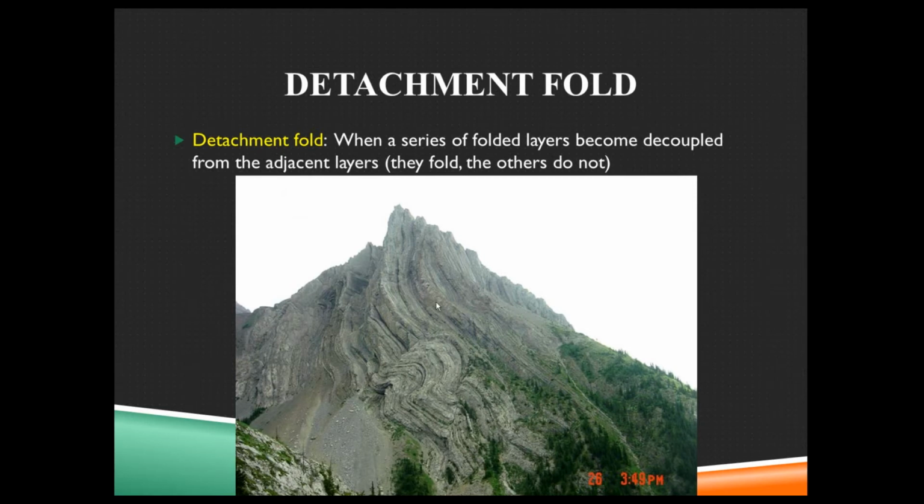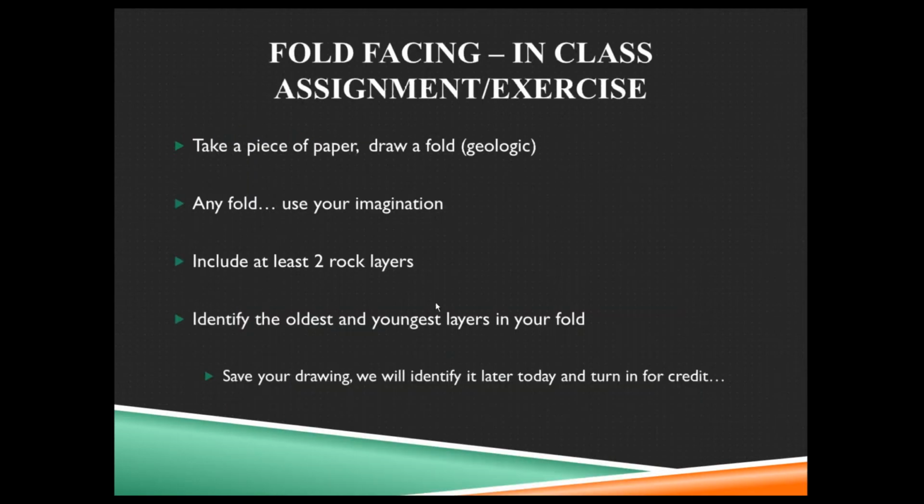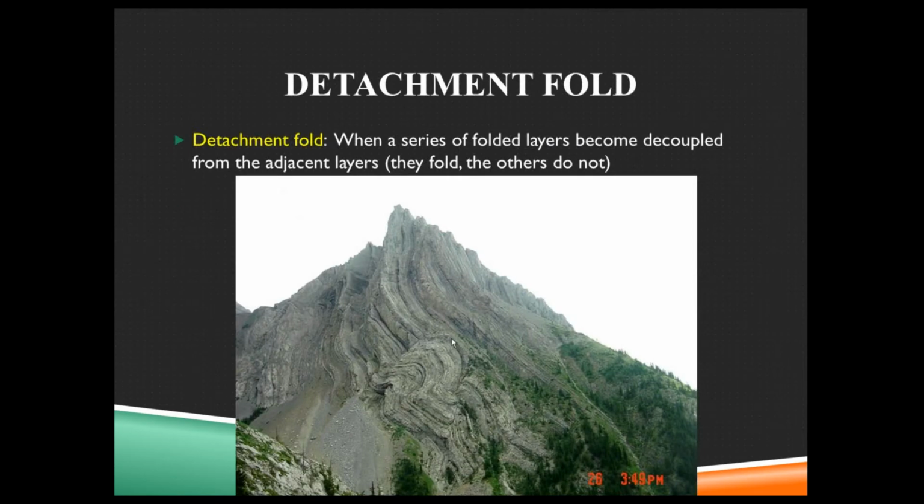Like right here, we see this area where I'm pointing with the mouse, very straight. Directly under it, very folded. So for that to happen, there had to be decoupling. Basically, as these layers folded, they slid along the bottom of this one.